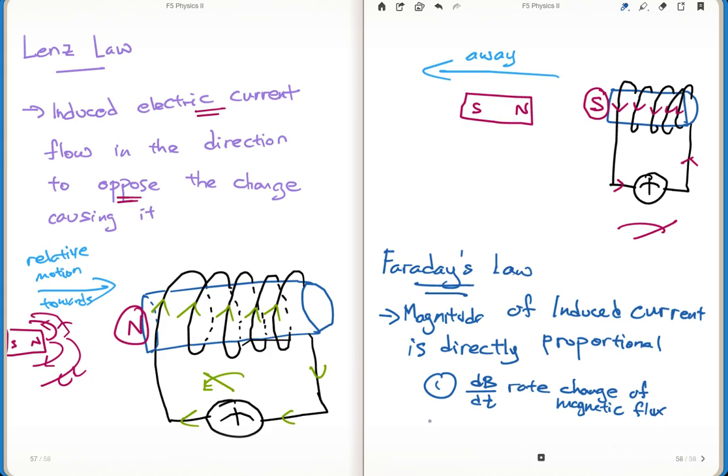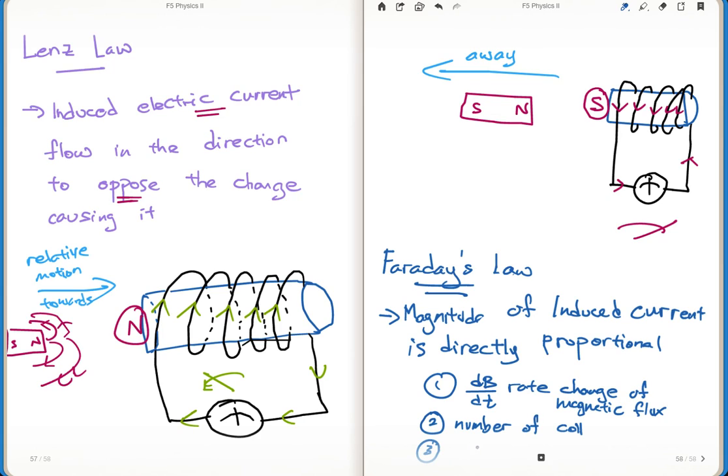Second, the number of coils. You can do this experiment: compare five winding to 50 winding. You find that the induced current generated will increase by the degree of deflection. It will deflect more.